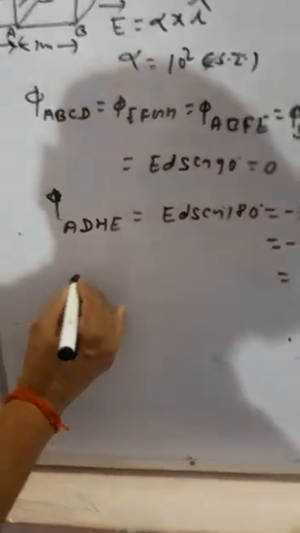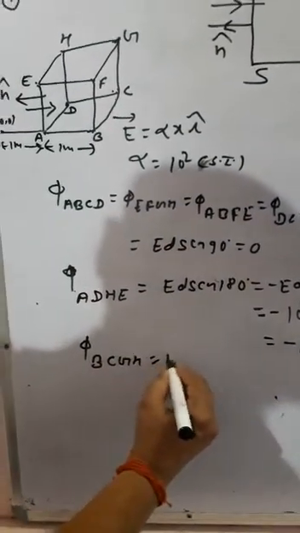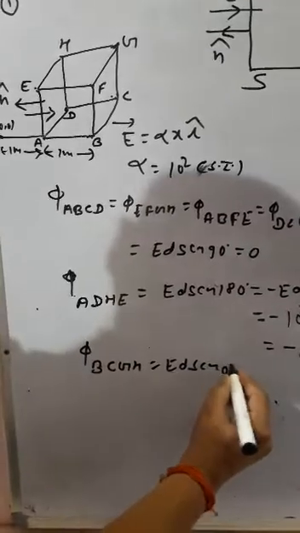And the flux linked to BCGF is equal to E dS cos 0.